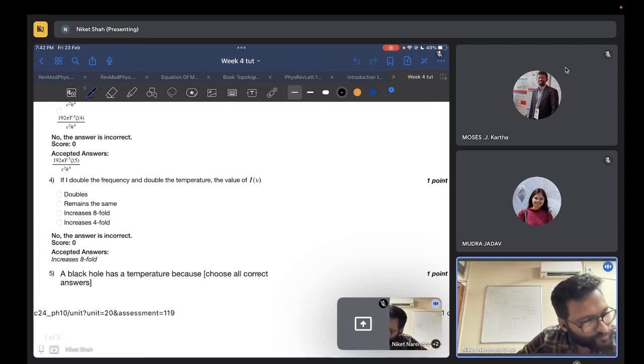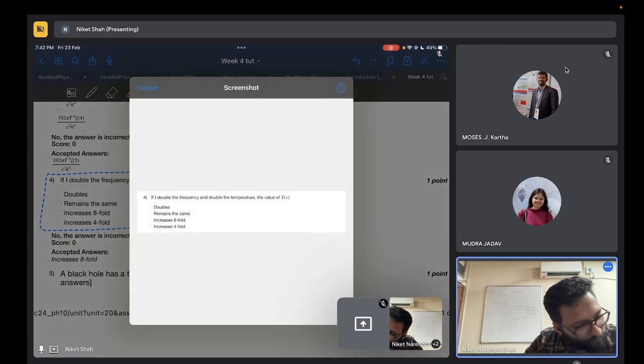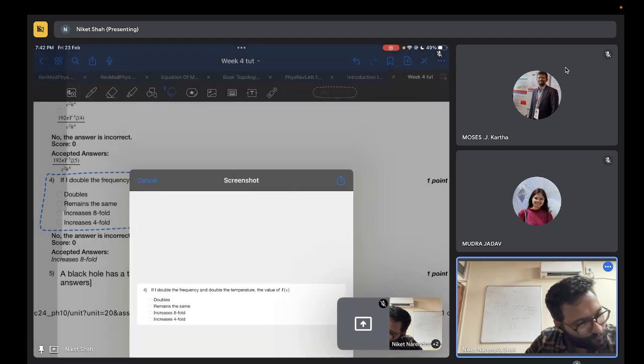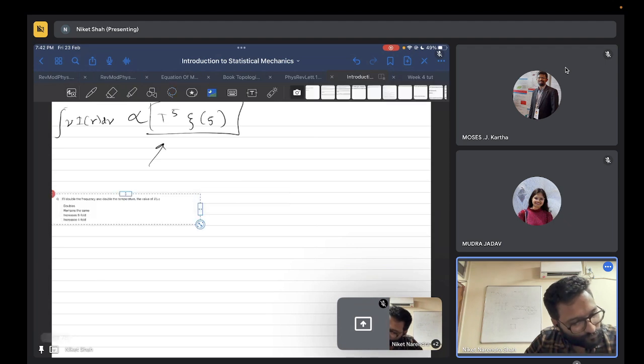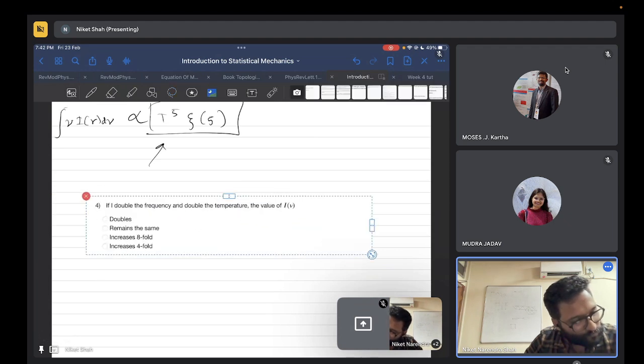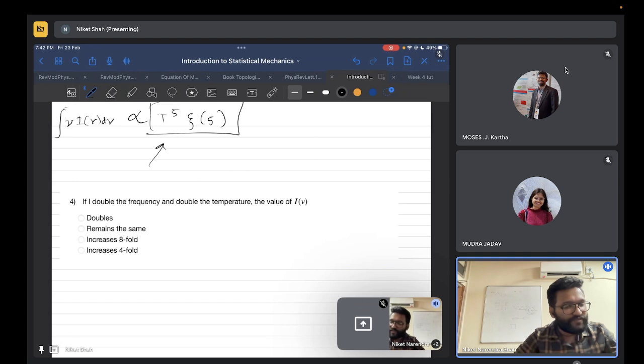Okay, so the next question is quite straightforward actually. The question is, if I double the frequency and double the temperature, the value of I nu becomes what?